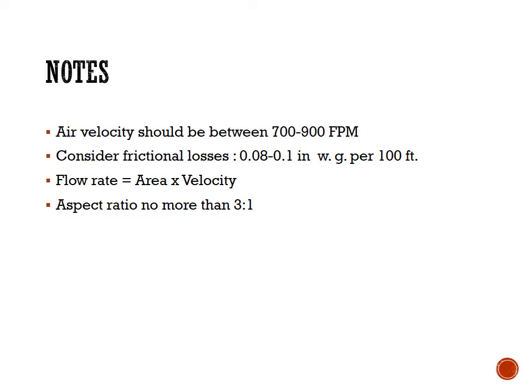Air velocity should be between 700 and 900 feet per minute, and we want frictional losses between 0.08 and 0.1 inches of water gauge.